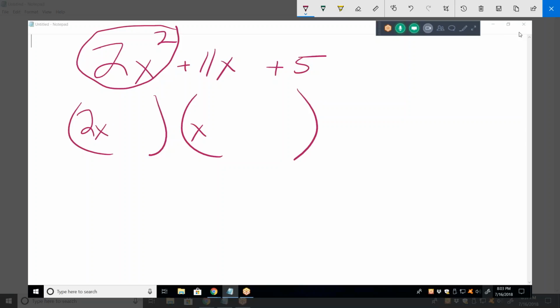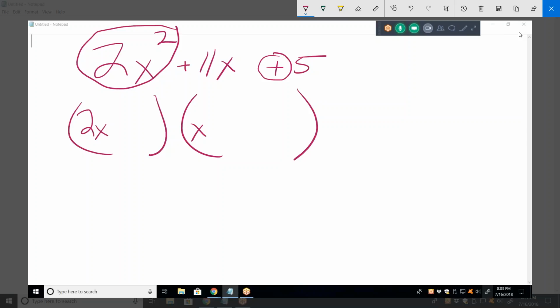Okay? The second step is the same also. Determine both signs. What do both signs have to be? First of all, they have to be the same, because you can't get a plus sign there.